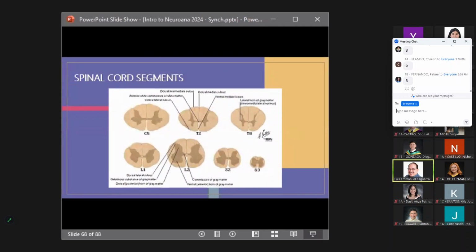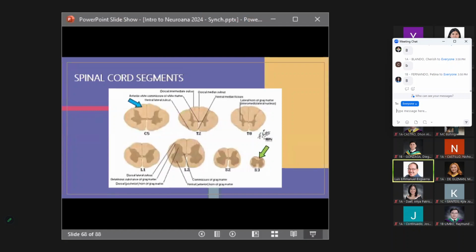You have to know whether it's cervical, thoracic, lumbar, or sacral, by different features. I also mentioned it in the lecture. The cervical and lumbar have big ventral horns. You only know the difference between the two because of the amount of white matter. The cervical has the greatest amount of white matter.